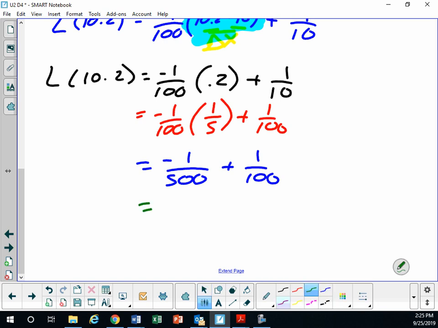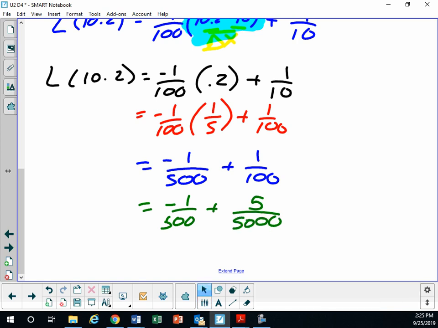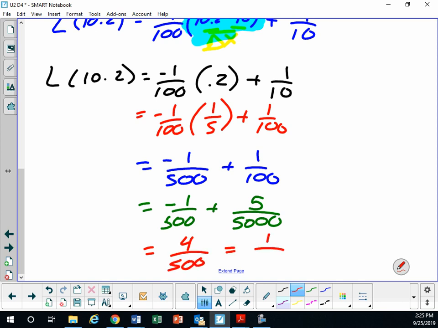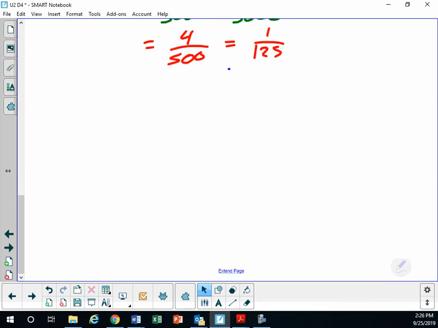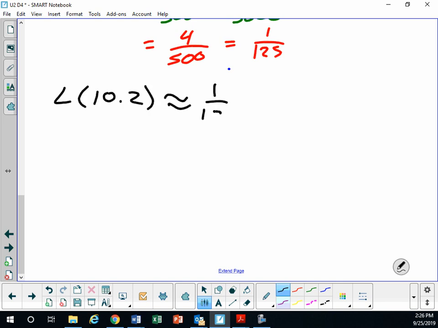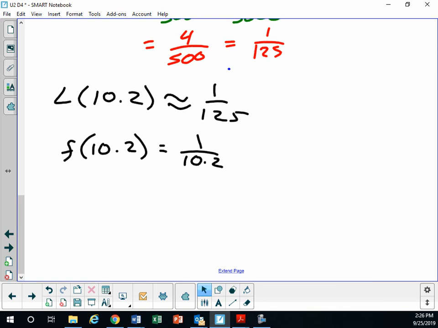Our denominator makes this negative 1 over 500 plus 5 over 500, which makes this 4 over 500, or 1 over 125. So L of 10.2 is approximately 1 over 125. Well, f of 10.2 is 1 over 10.2. Let's see what that actually is.